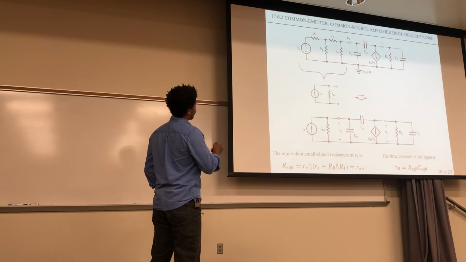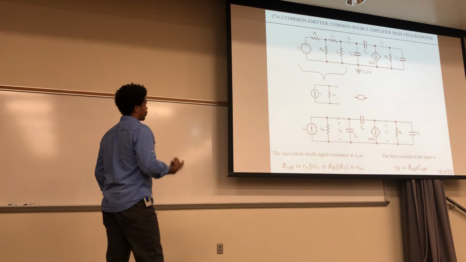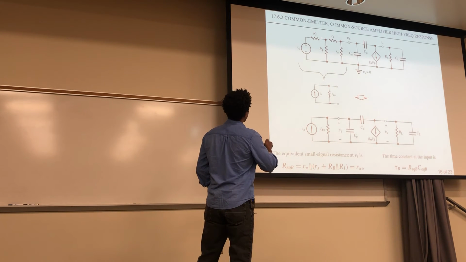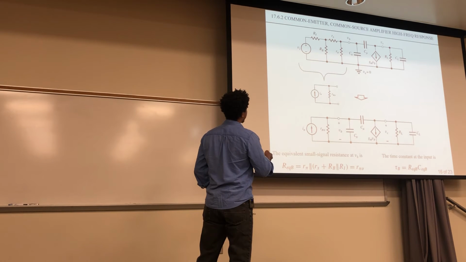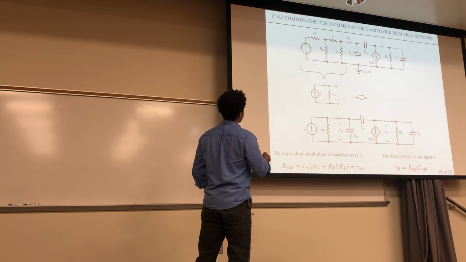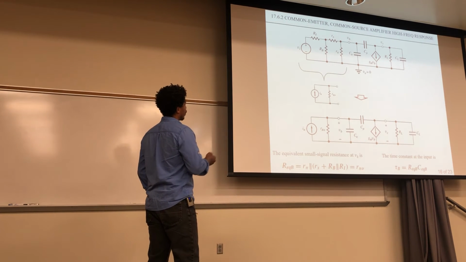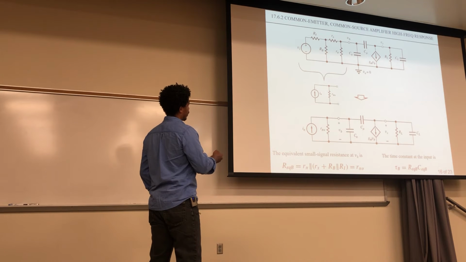Now for this right here, we can do a sort of Thevenin-Norton type of equivalent, and we can reduce all these resistances into this R pi 0 and turn this into this current right here. That's what we're doing here to simplify things.